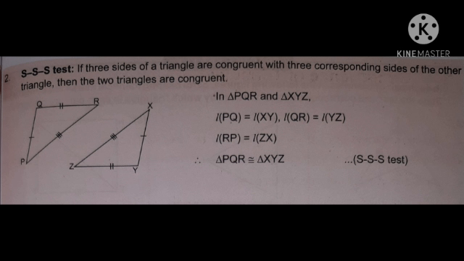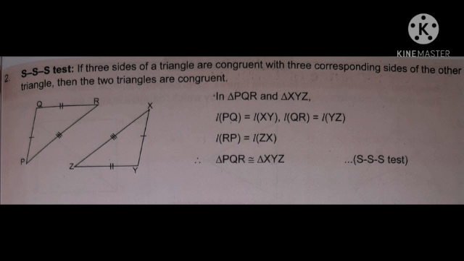Second point, SSS test, that means side side side test. If three sides of a triangle are congruent with three corresponding sides of the other triangle, then the two triangles are congruent. Look at the figure. In triangle PQR and triangle XYZ, length of PQ is equal to length of XY.